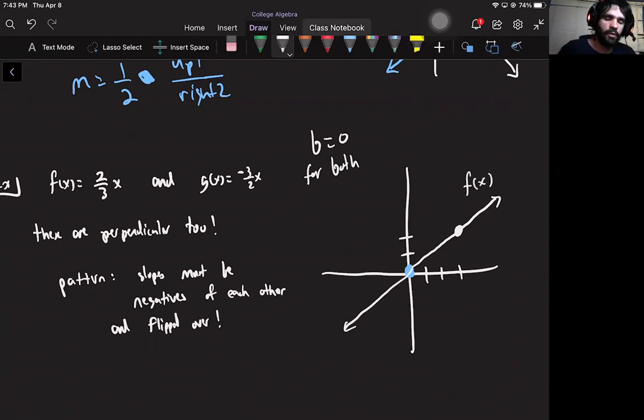And for g of x, I'm going down 3 and over 2 to get my next point. And it looks pretty good again, like a 90-degree angle. So good, great.